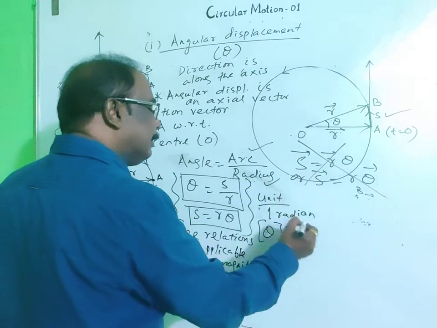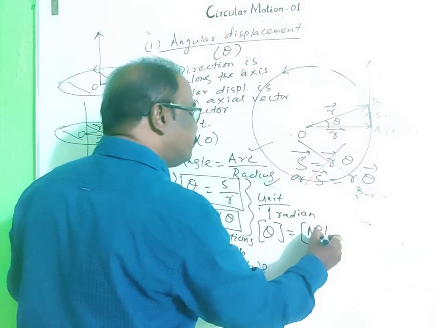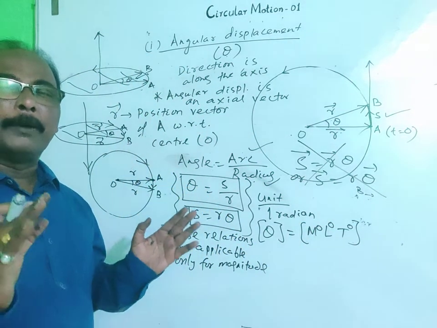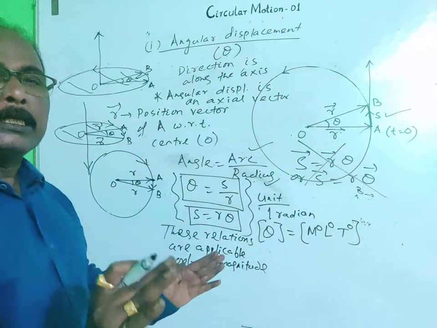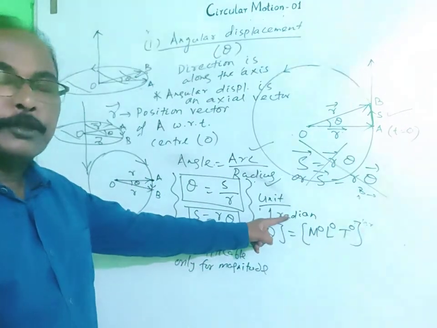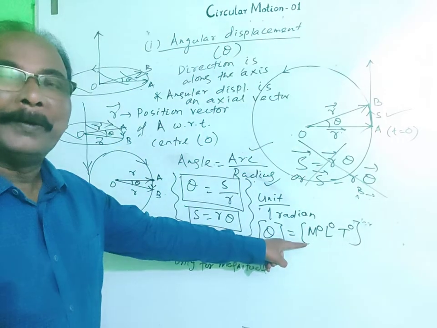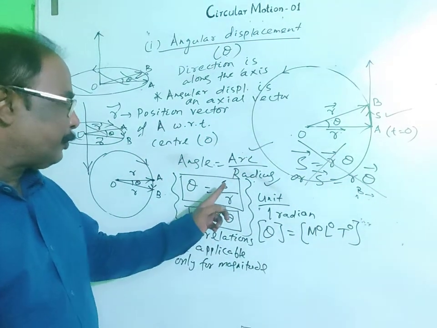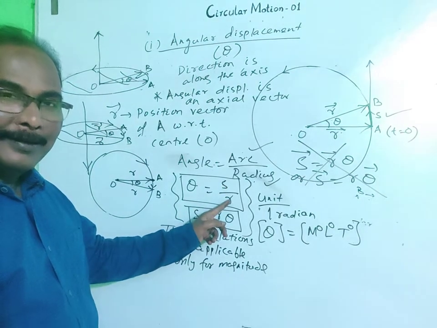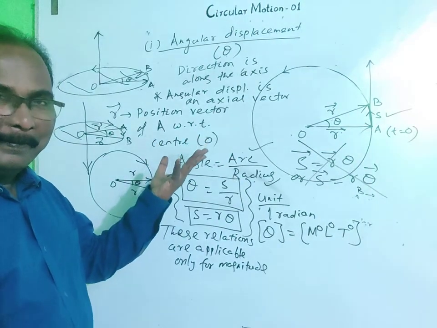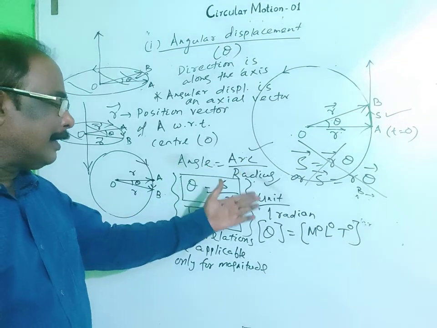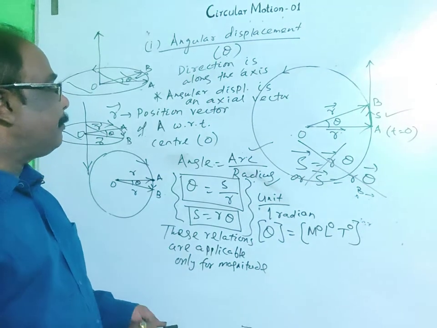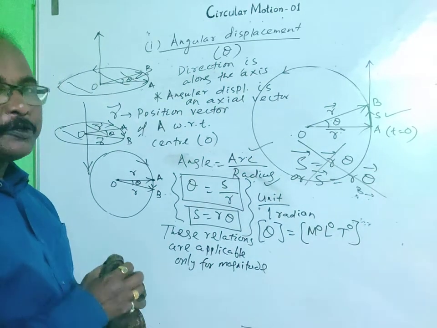So length by length means no dimension. Angle is such a physical quantity which has a unit but no dimensions. It is the ratio of two same physical quantities, arc length and radius length, thus the dimension is 0. So this is about angular displacement.